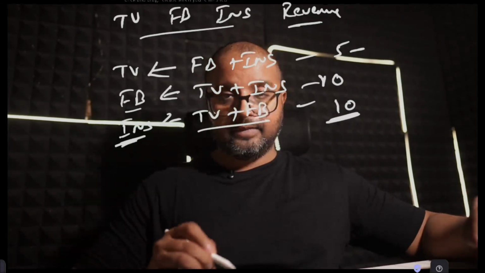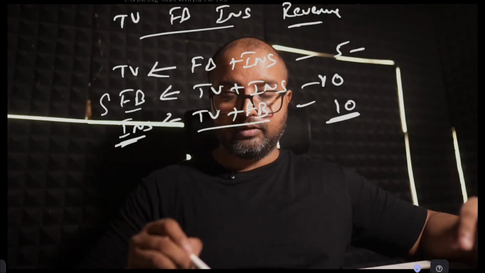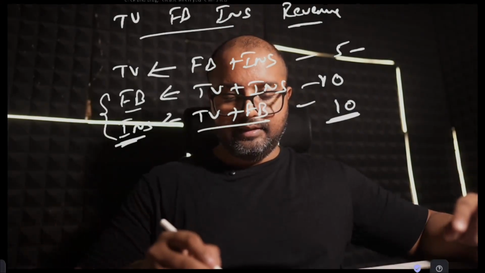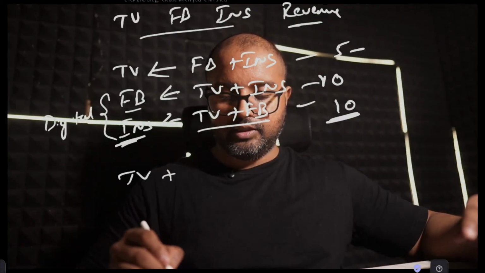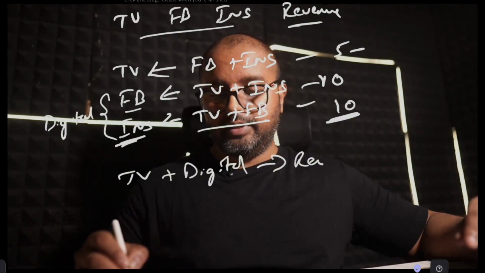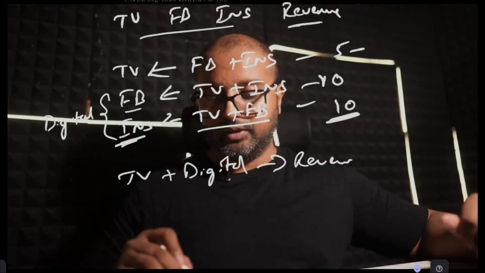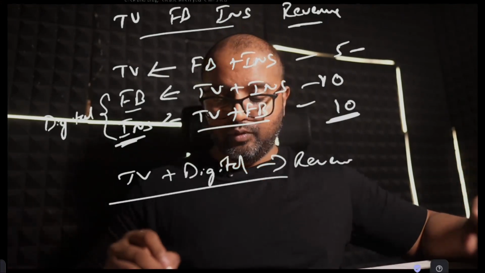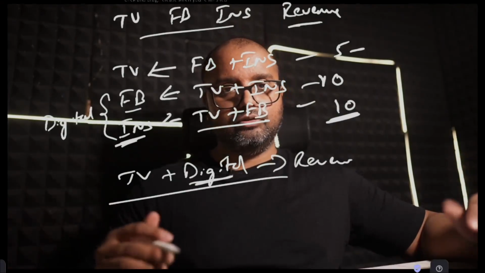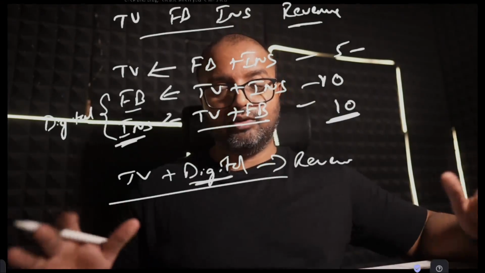So that's one way. The other way is maybe you just combine all this into another feature. Let's say this is digital, right? So you can just have TV ads plus digital and then see if you can build your MMM on revenue. So this is another way of trying to solve this. Now, again, you're bundling more channels into this digital channel, so you're not getting that granularity that you would like from your MMM.